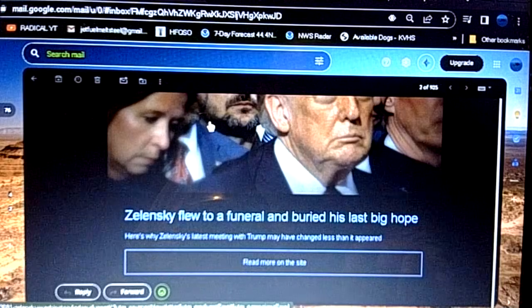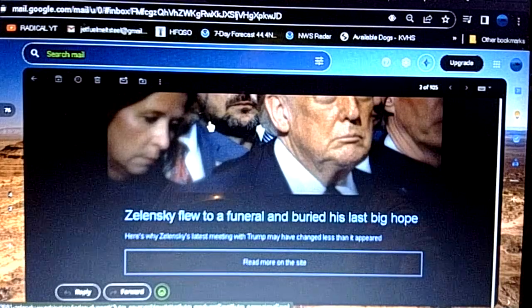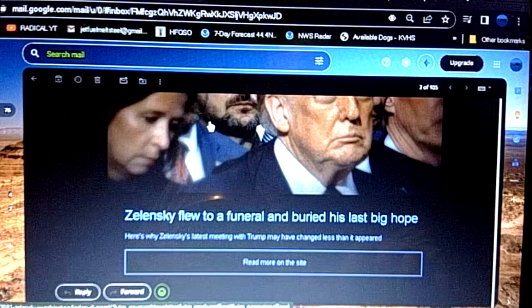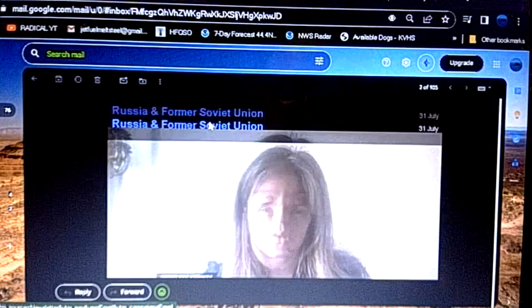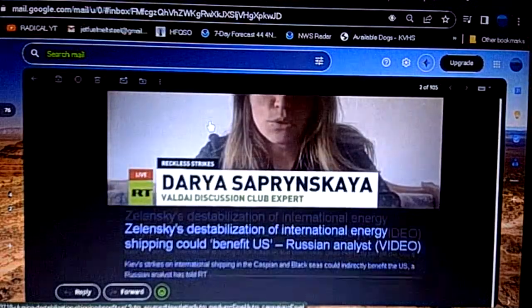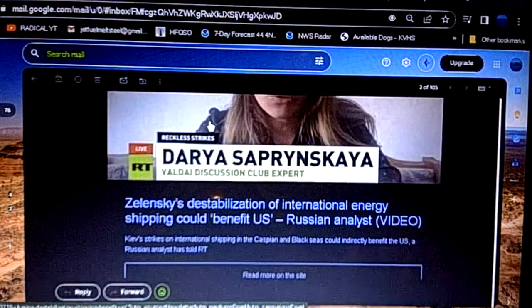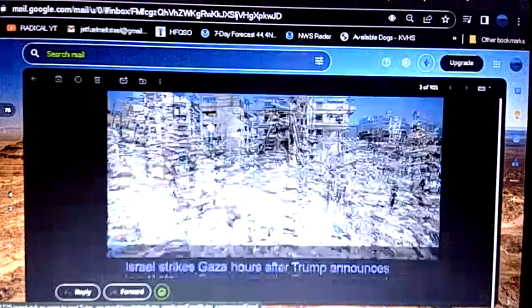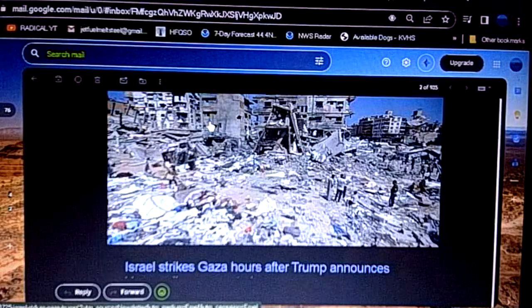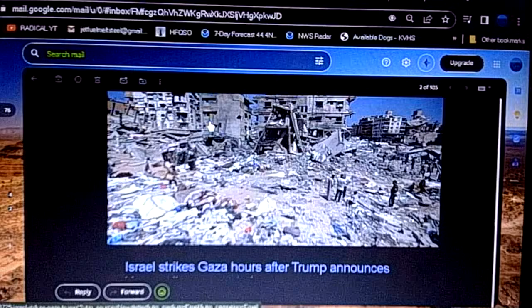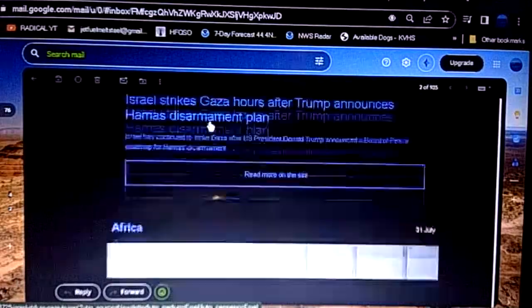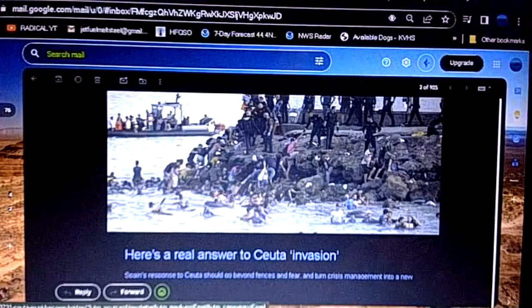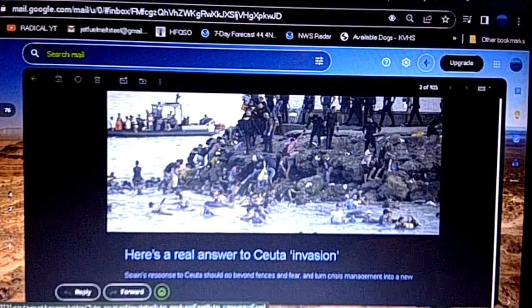Zelensky flew to the funeral. Look what they done here. People living in tents, blowing them up because of their religious beliefs. Here you go, Europe.